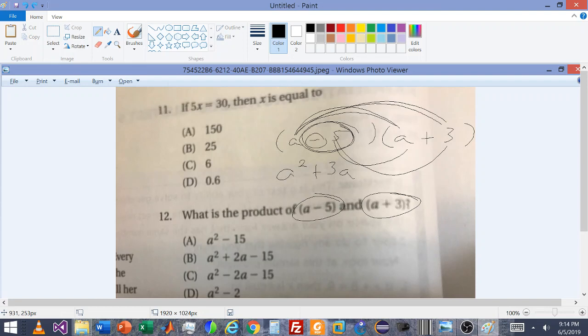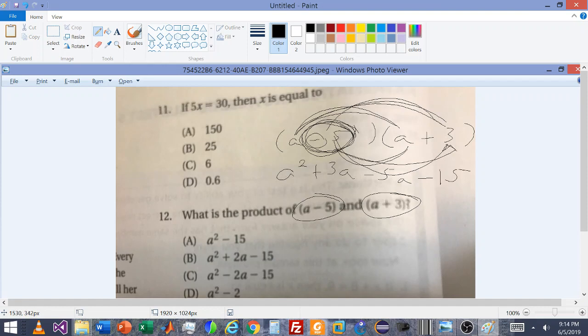But when there's a negative, we have to, because it's the opposite of the positive sign. So now this becomes negative 5 times a, which again, the constant gets put in front, so negative 5a. And then we take negative 5 times 3, so that becomes negative 15.